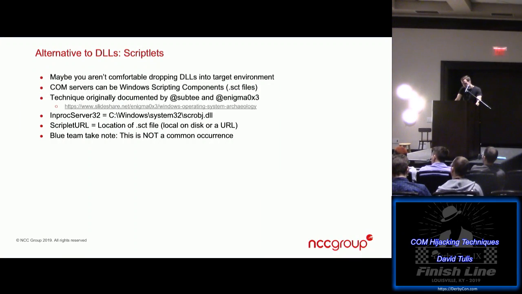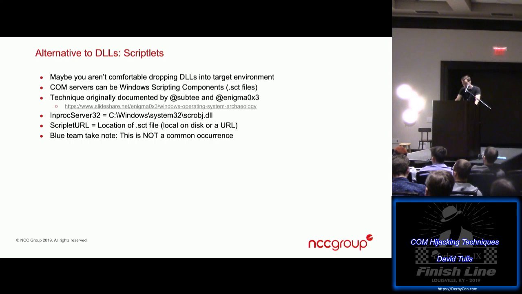There may be some cases where dropping a DLL into the target environment might not fly. This technique was originally documented by Casey Smith and Matt Nelson in their 2017 talk, Windows Operating System Archaeology. Instead of registering a malicious DLL, a COM hijack can register scrobj.dll. This is a legitimate Microsoft binary, already on the system.